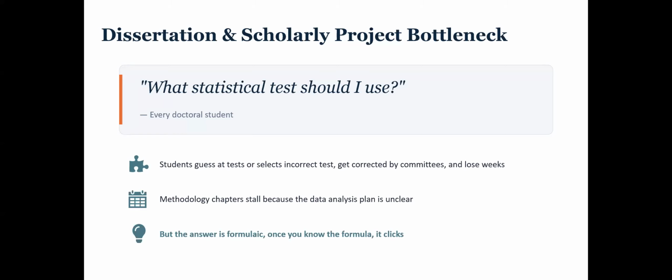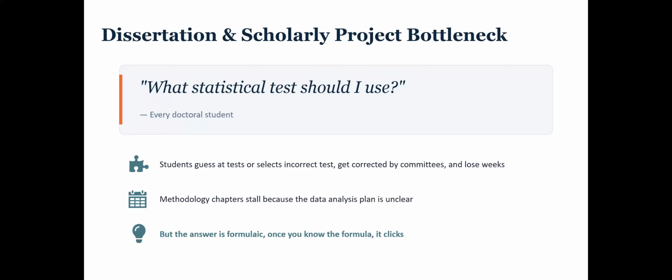So you really should have in your methodology clear research questions or study aims, and then a clear data analysis plan, which is what statistical tests you're going to use, what are the assumptions of those tests, and that should be in there. And then also the sample size associated with those tests.